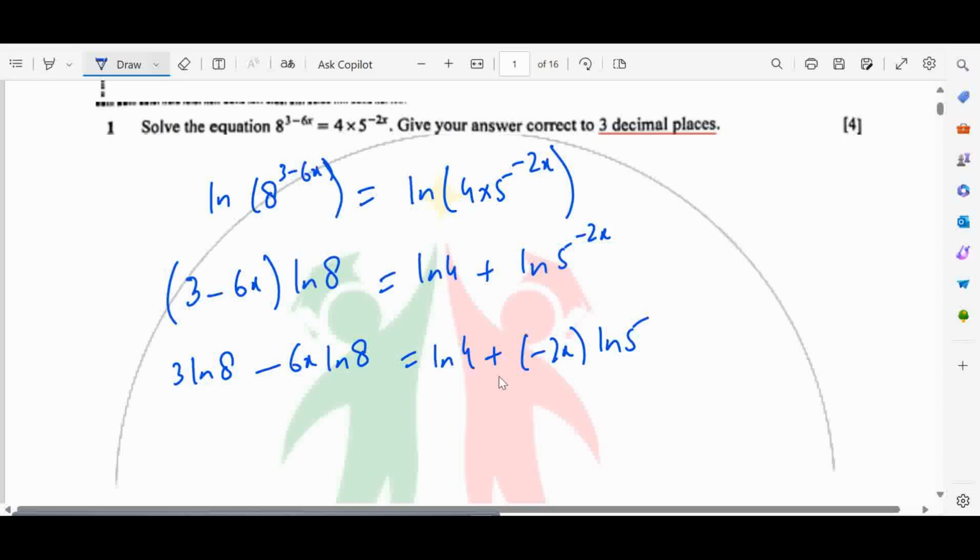Now if we just rearrange it, this will become 2x log of 5 minus 6x log of 8 is equal to log of 4 minus 3 log of 8.